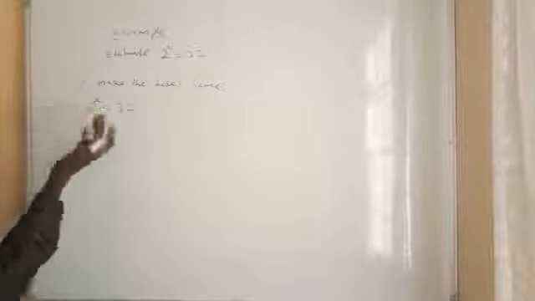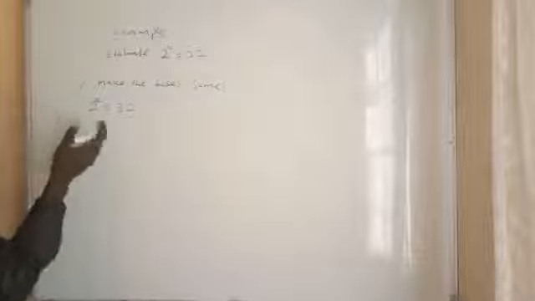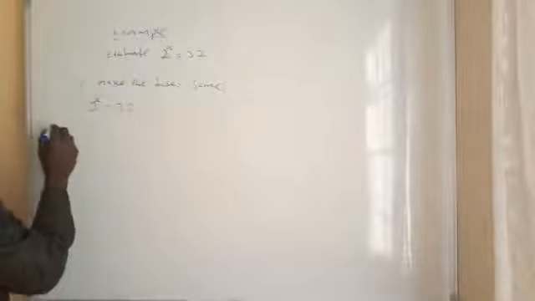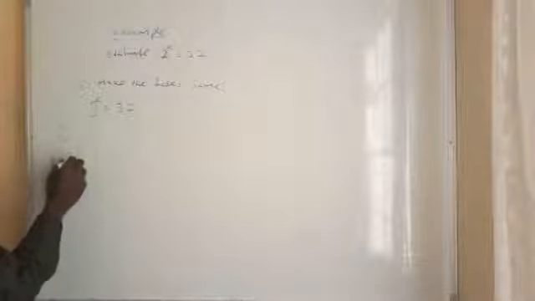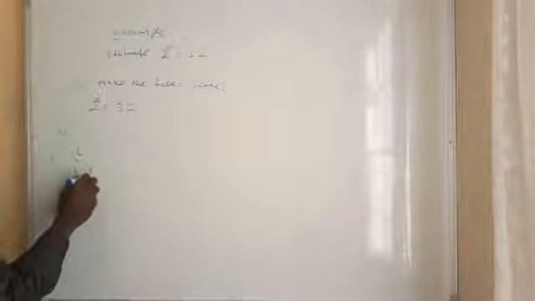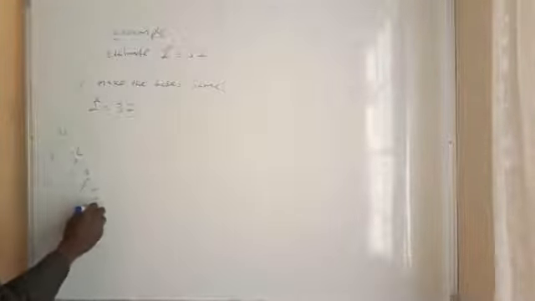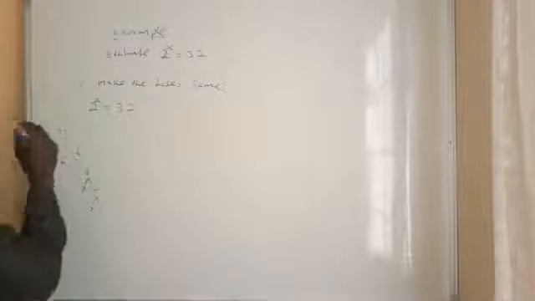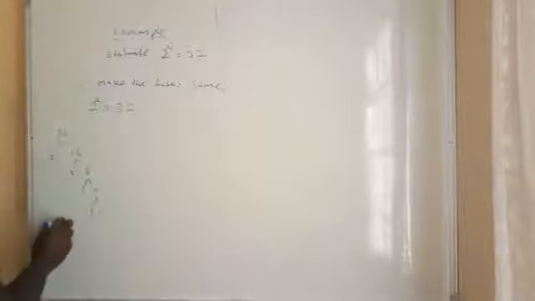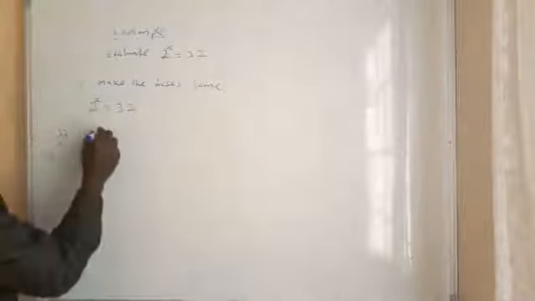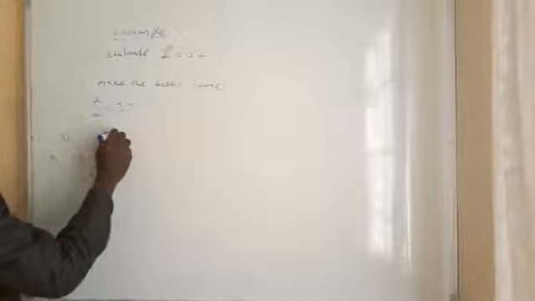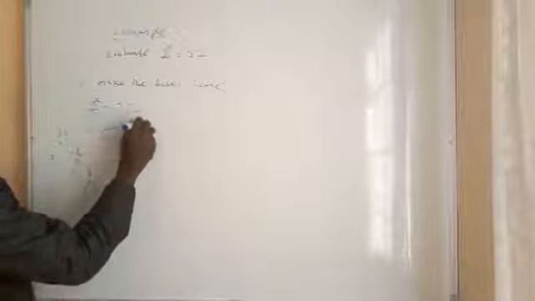This is already the lowest, we can't make it any other base other than 2. So we find the factors of 32: 2 times 16, 2 times 8, 2 times 4, 2 times 2, 2 times 1, that is 1, 2, 3, 4, 5. So 32 is equivalent to 2 power 5. So we bring it here and say 2 power x is equal to 2 power 5.